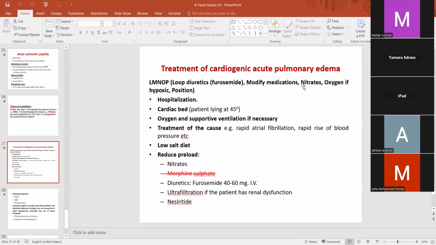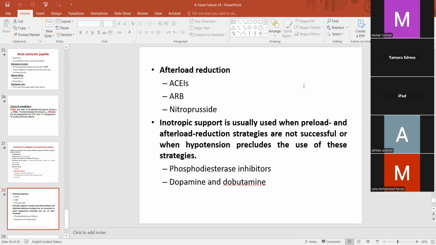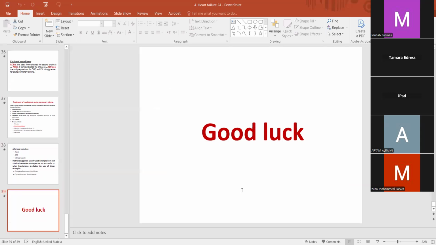As we said, if it is hemodynamically unstable, we have to give drugs which increase the inotropic effect, which are phosphodiesterase inhibitors, milrinone, and dopamine and dobutamine. That is all about heart failure and management of heart failure.